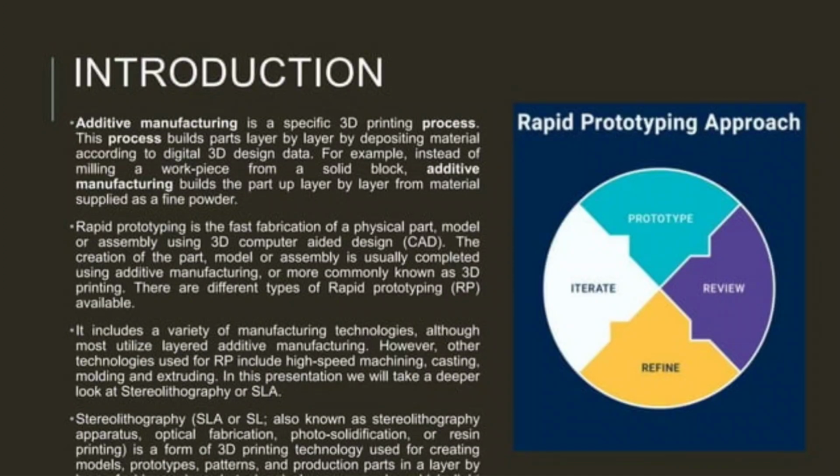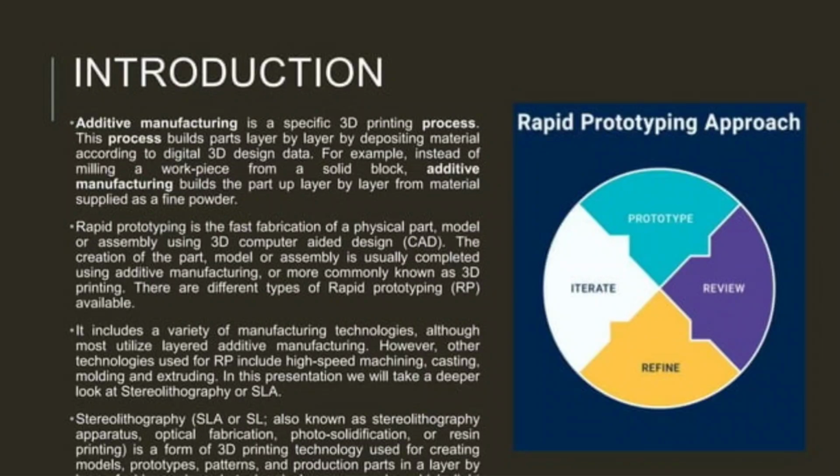So, the introduction of rapid prototyping: additive manufacturing is a specific 3D printing process that builds parts layer by layer by depositing material according to the digital 3D design which you create. Rapid prototyping is the fast fabrication of a physical part, model or assembly using 3D computer aided design.